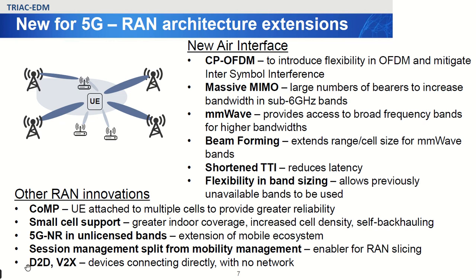For example, a thermometer will communicate with air conditioner, and if the temperature is too high, then the air conditioner is started automatically. And then vehicle to everything. For example, vehicle to roadside unit, or vehicle to human beings. Devices connected directly with no network.